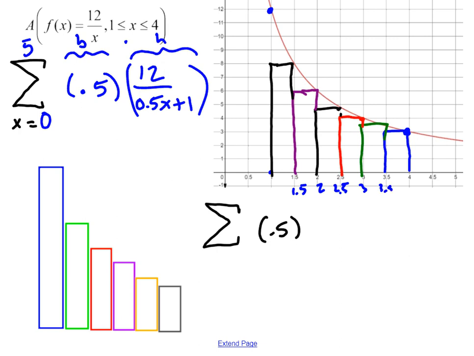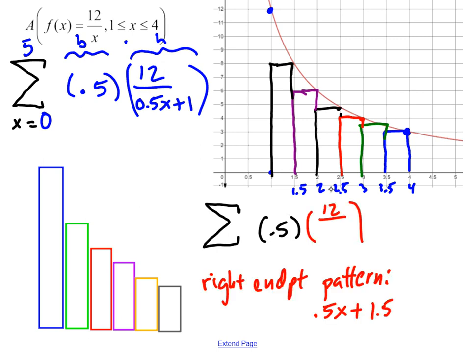Then I wanted to plug in 3 and 3.5, and I do want it to plug in 4 this time. So instead of making a left endpoint pattern, let's make a right endpoint pattern. Now I have a right endpoint pattern, and I can plug this 0.5x plus 1.5 in right here. So that x is 0. That's one way to do it. But I think I have an easier way for you.